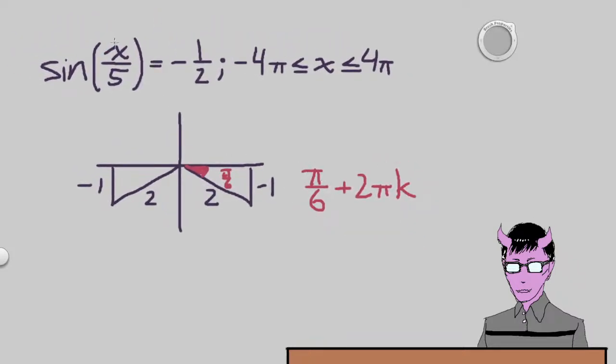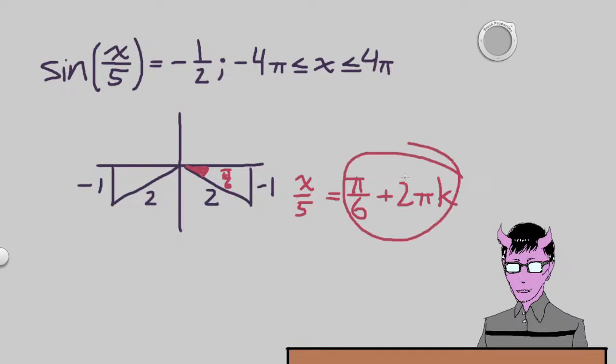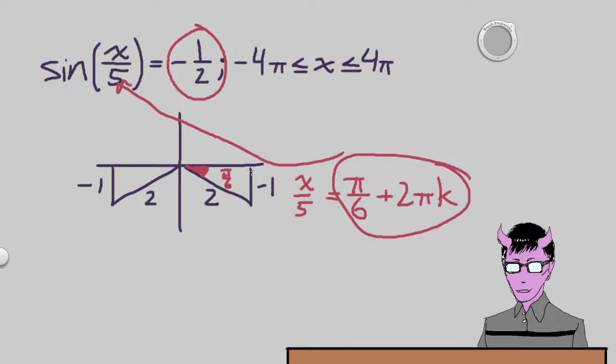But we don't have a standard argument. We have an argument of x over 5. So let us set this equal to x over 5. So whatever the true angle is, once we divide that true angle by 5, then it will give us this thing right here. And having this thing right here, if we plug it in, will give us a ratio of negative 1 to 2.